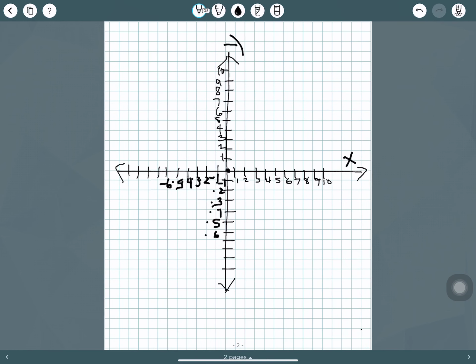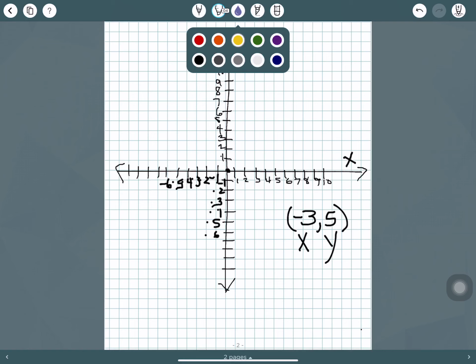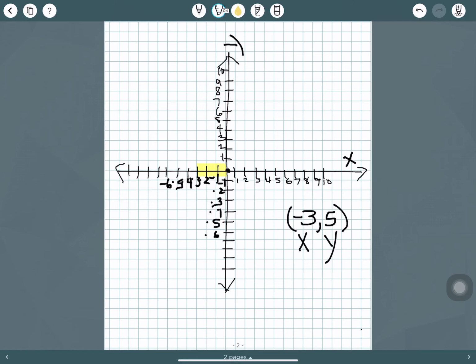Okay, so if we wanted to plot the point -3, 5, for example, we would go to -3 on the x-axis. So we're going to go -3, and then we're going to go up 5. So that point is going to be -3, 5.